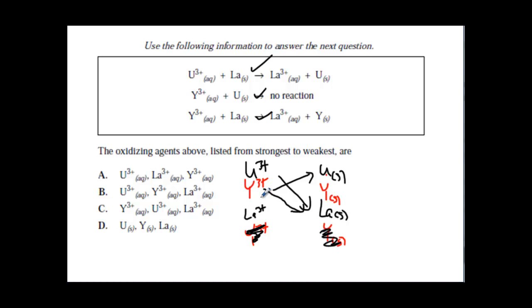So now to answer the question, who are the oxidizing agents? Oxidizing agents are people who themselves are reduced, and reduced is gain of electrons. So the people who were gaining electrons were these guys over here. They're all gaining electrons. So the strongest oxidizing agent was U3 plus, then Y3 plus, then La3 plus.